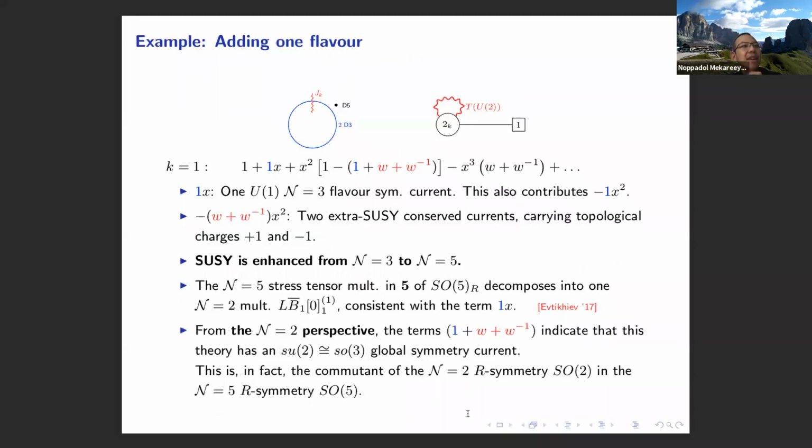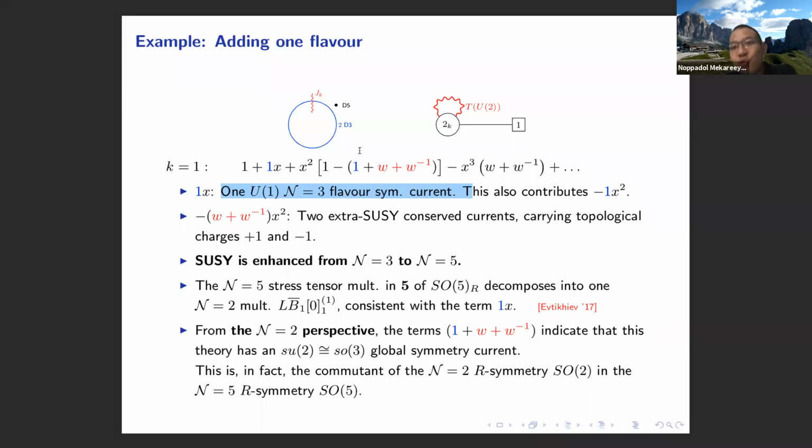Okay. Now, let me tell you about this one. This has real N=5 supersymmetry. Indeed, there is a coefficient 1x. So you can conclude that there is one U(1) N=3 flavor current contributing plus x. But if you remember the table, the flavor current of N=3 has to contribute in two places.